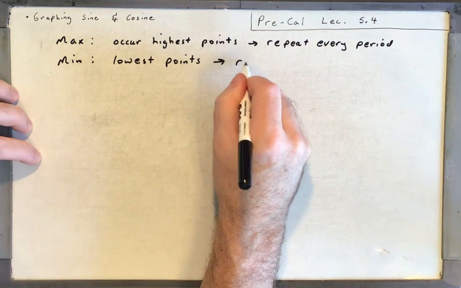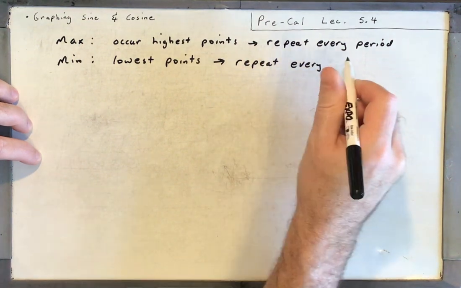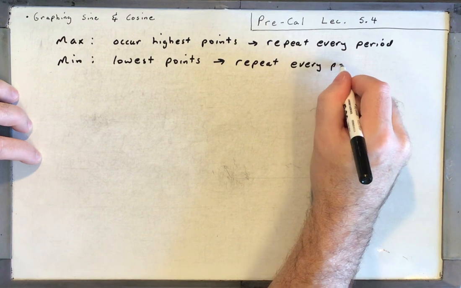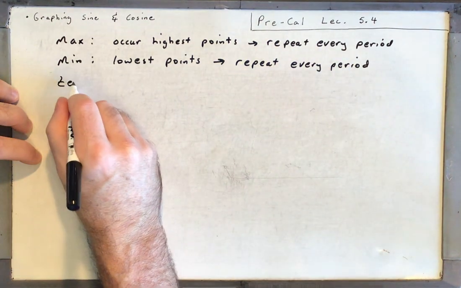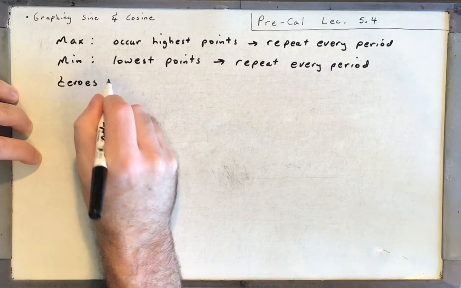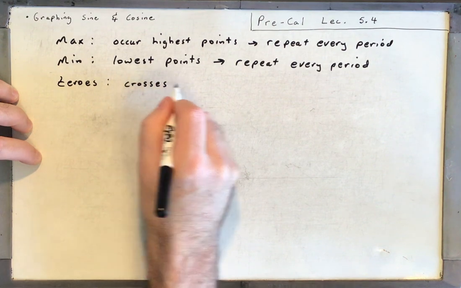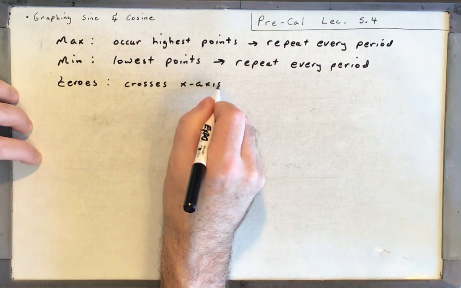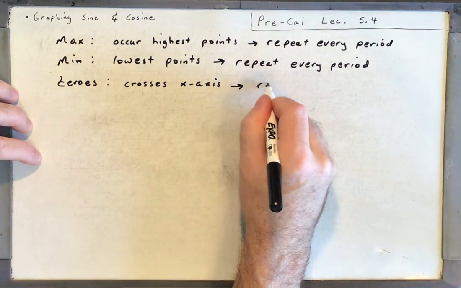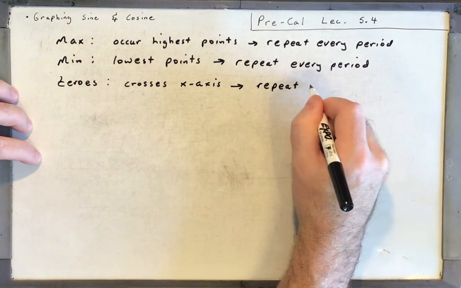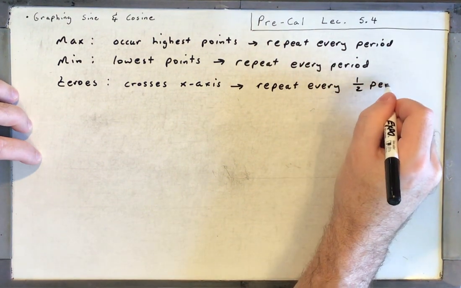They also repeat every period. And then zeros, where the function crosses the x-axis, and this is also important to memorize, they repeat every 1/2 of a period.